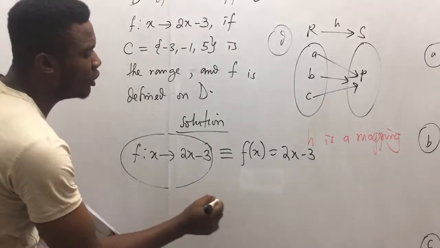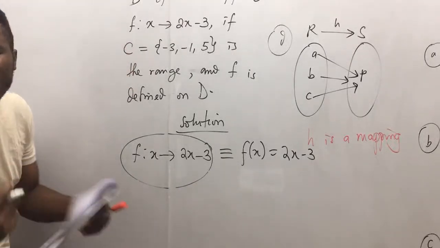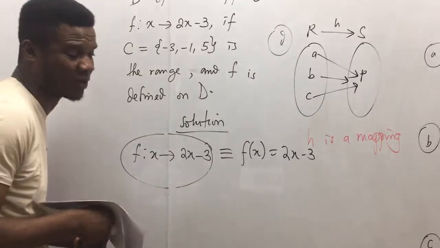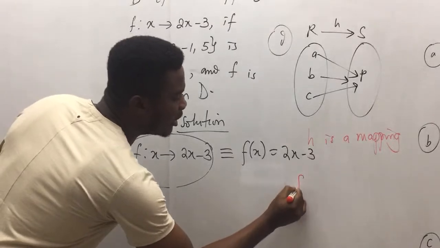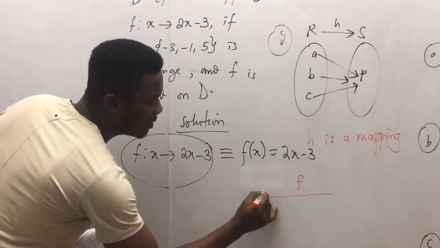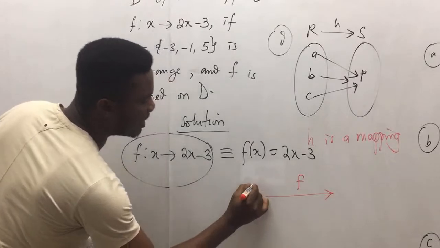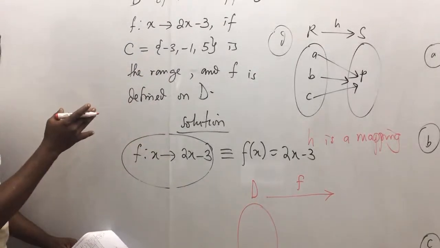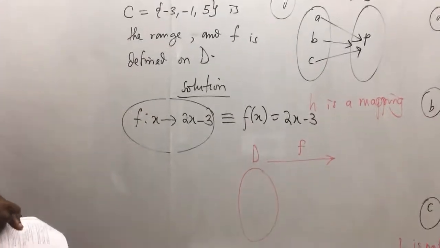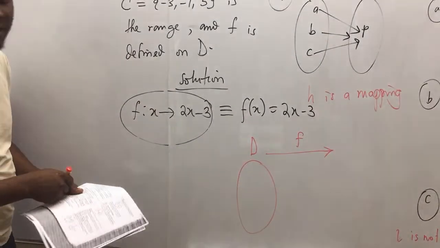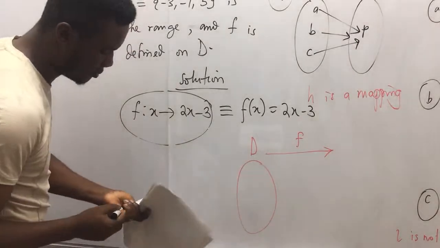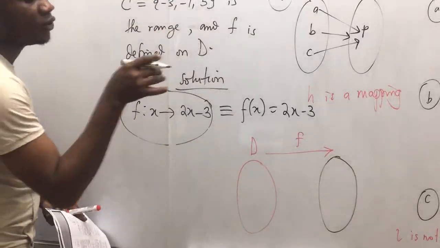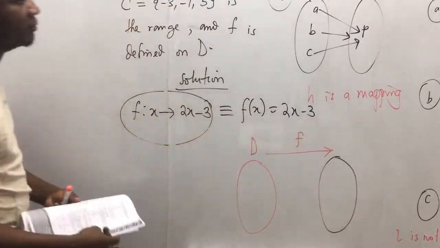Now, you could use a diagram to help you understand what is going on. In this case, I'm going to use a diagram just to show you what is actually going on. So there is a relation f that takes elements from a set D called the domain, and assigns those elements in the domain unique images in the codomain, okay?